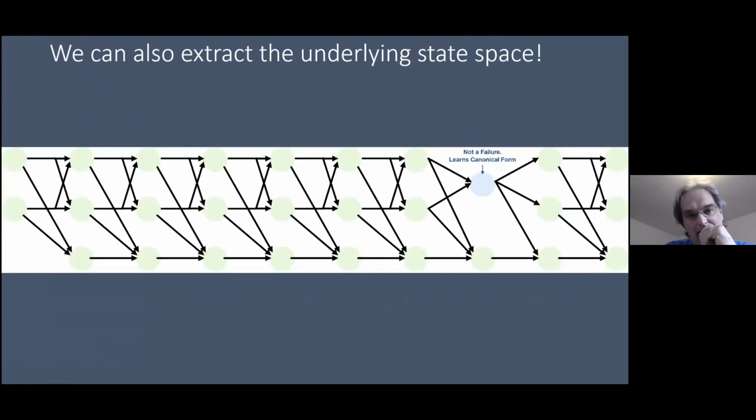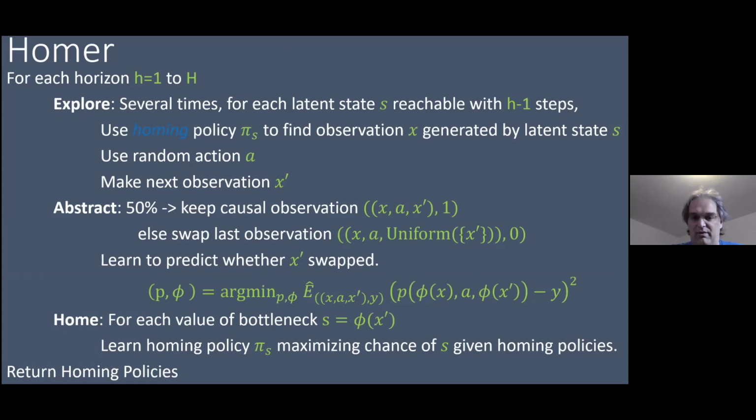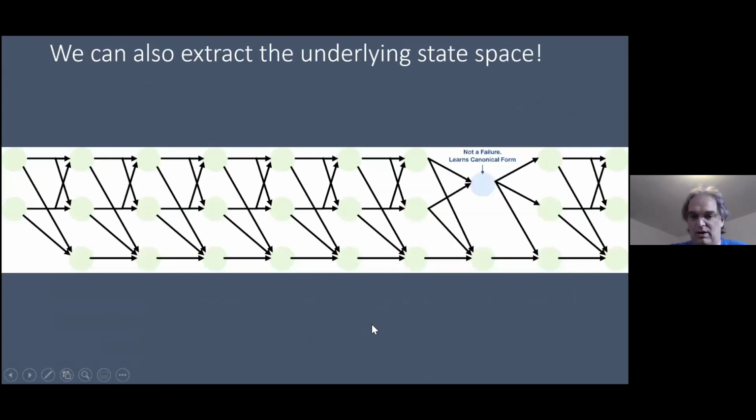Okay, and now you can go beyond this. You can look at the traces that you observe, and you can look at the value of phi applied to your observation along these traces, and you can recover the underlying latent state space. So we did this, and this is what we observed for that problem.